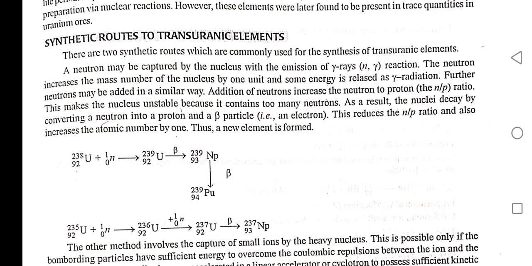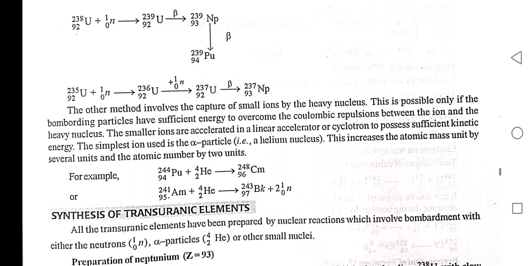Addition of neutrons increases the neutron to proton ratio, and this makes the nucleus unstable because it contains too many neutrons. As a result, the nucleus decays by converting a neutron into a proton and a beta particle. This reduces the N/P ratio and also increases the atomic number by 1. Thus, a new element is formed.